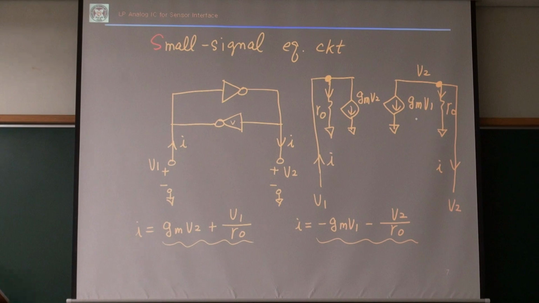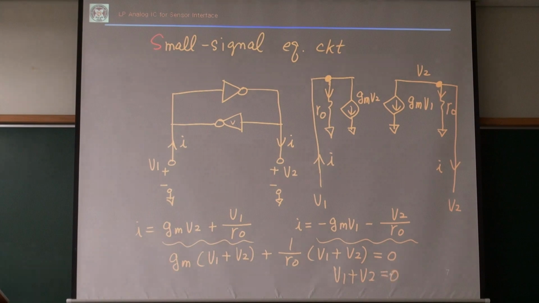That's fine. So gmV1 plus V2 over RO, and gmV1 plus V2 over RO equal 0. What does it mean? It means V1 plus V2 equals 0.